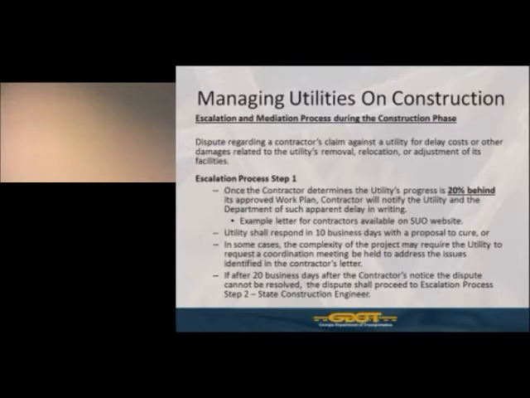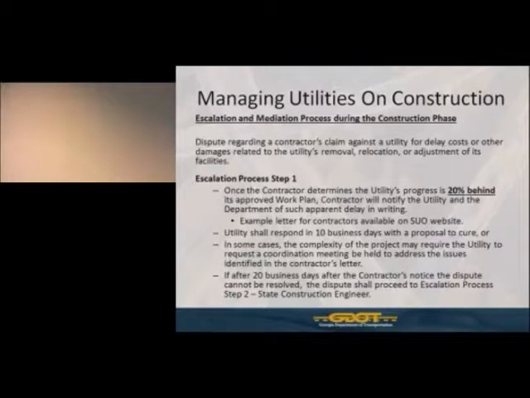It is the contractor's responsibility, and primarily his WUCs, to document that the utility owner has fallen more than 20% behind in your approved utility adjustment schedule. At that point in time, the contractor may escalate the delay for that particular utility owner.